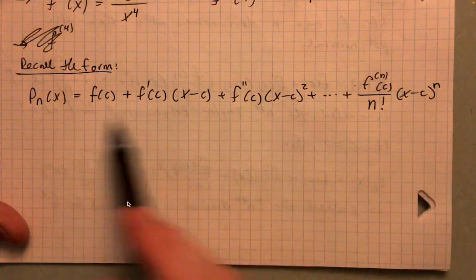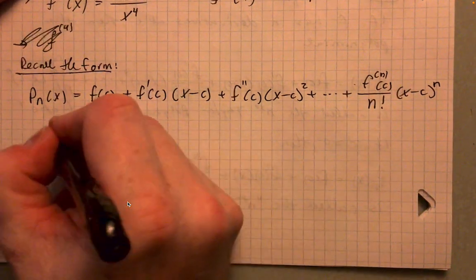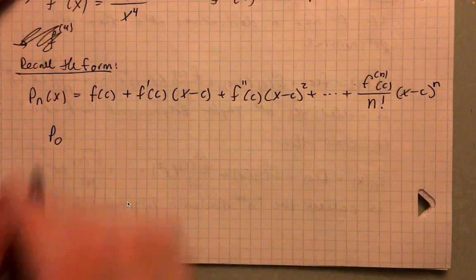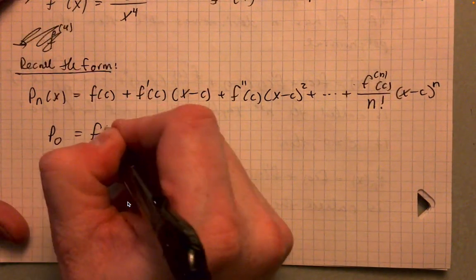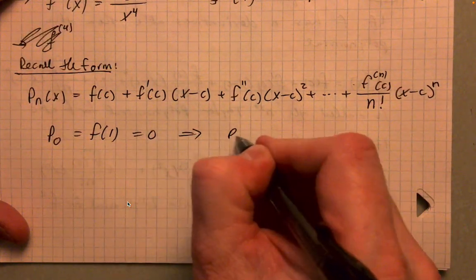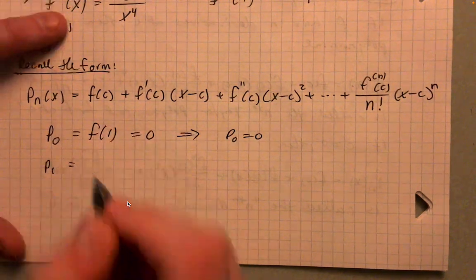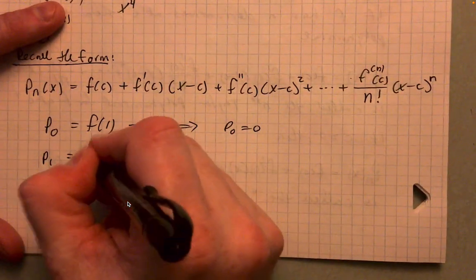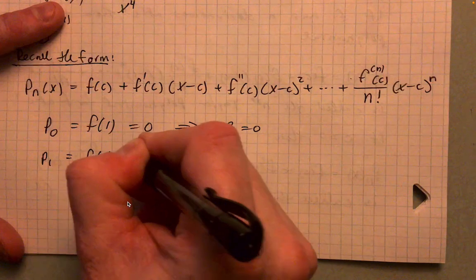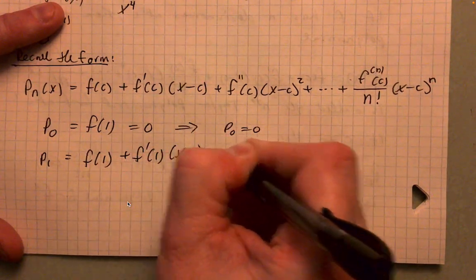Now all we have to do is just plug in our expressions. So let's start with p0. So p0 is just going to be equal to f of 1, which is 0. Okay, so p0 equals 0. What about p1? p1 is equal to f of 1 plus f prime of 1 times x minus 1.